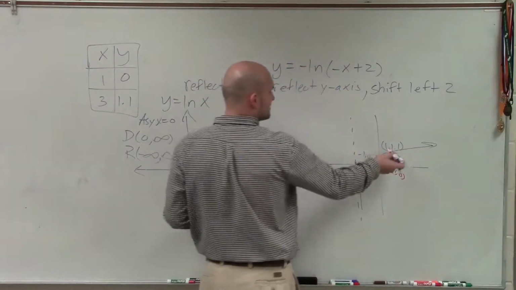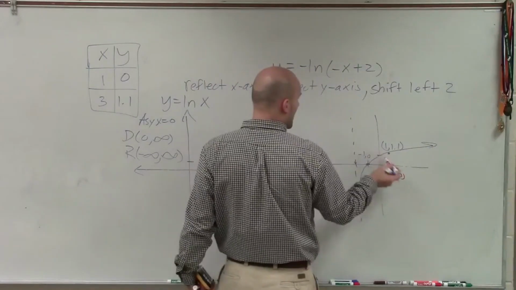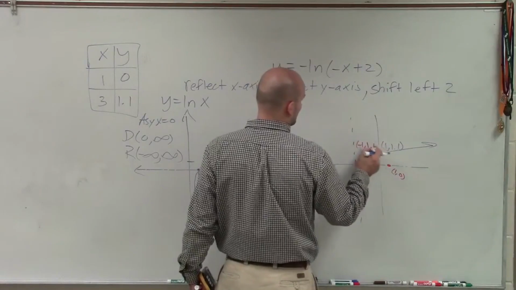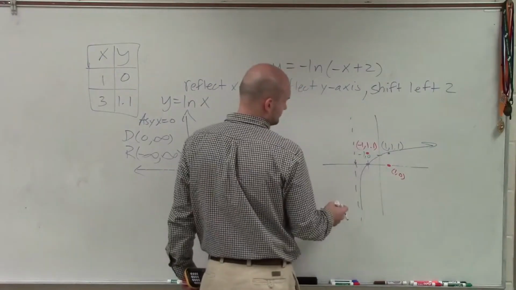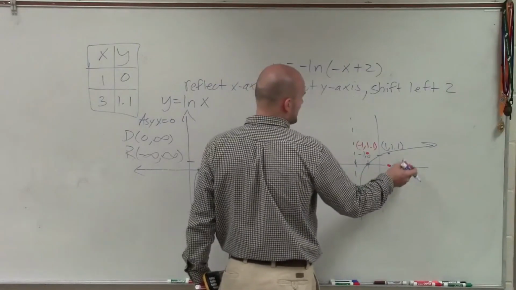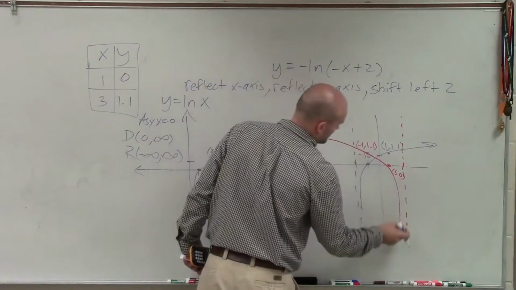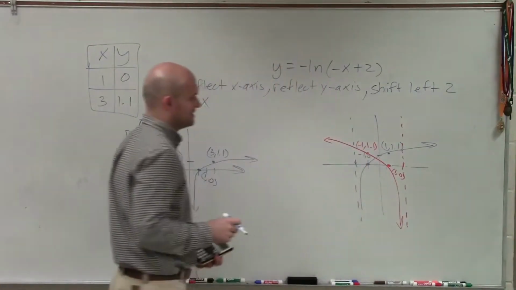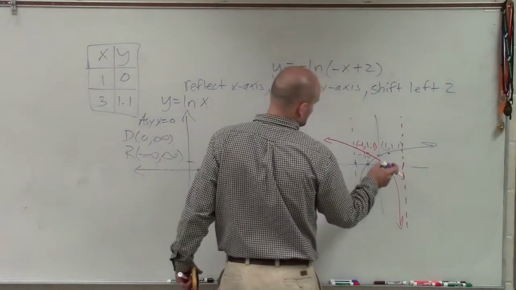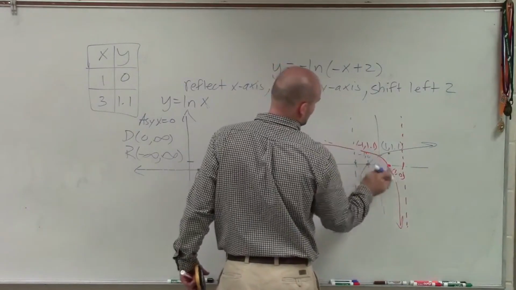And then at 1, 1.1, if I reflect this over the y-axis, now that's going to become -1, 1.1. And my asymptote, instead of being at -2, is now going to be at +2. So you can see the graph is now going to look like that. Maybe it looks something better like that.